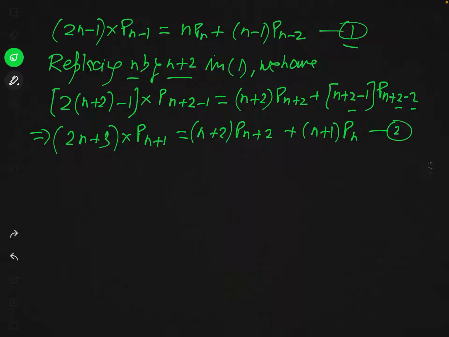So we will now simply multiply the corresponding sides of this equation 1 and this equation 2. And after that, we will integrate the result with respect to x between minus 1 and plus 1. So now let us first of all multiply the corresponding sides of these two equations.